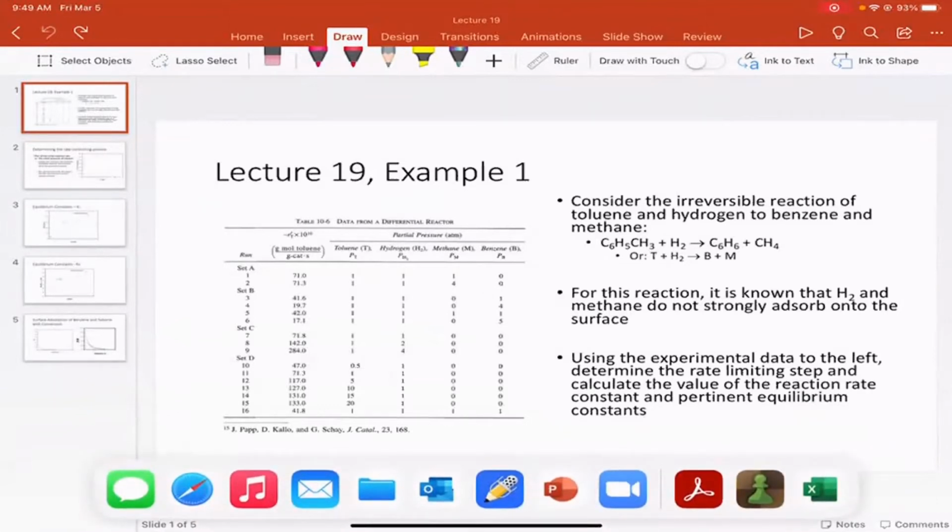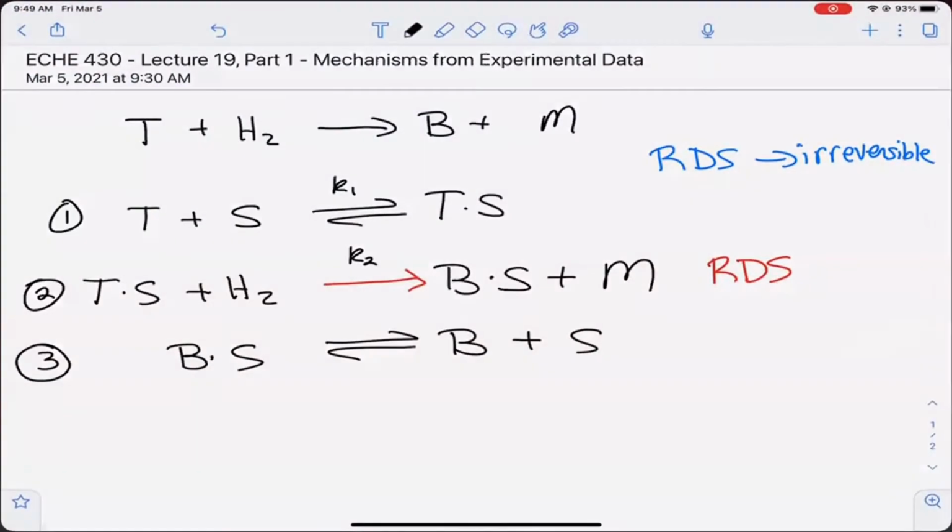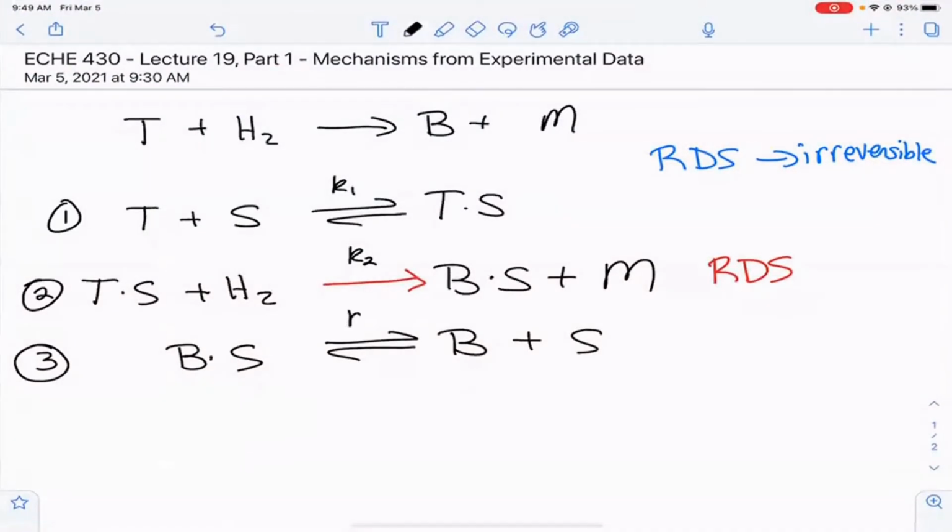Now, of course, if we're talking about rate constants, well, we will have a reaction rate constant, and then we're also going to have K1, and I guess we'll call this KB since it's the desorption of B, okay? And here, KA, sorry. Actually, A doesn't make any sense there, does it? There you go, we'll call that KT.